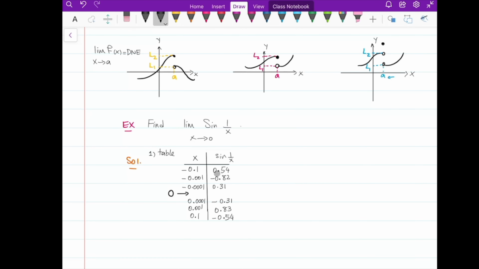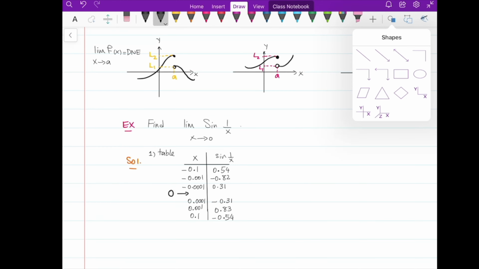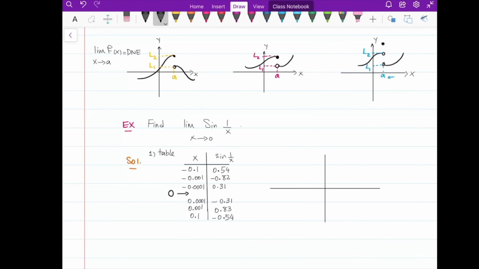I mean, are they approaching some numbers? So you see, if you're approaching 0, actually let me graph it so that I can explain it better. X, Y, and I'm approaching the point 0 from the left with some negative values, and you see I get 0.5, and then negative 0.5, and then I get 0.3.